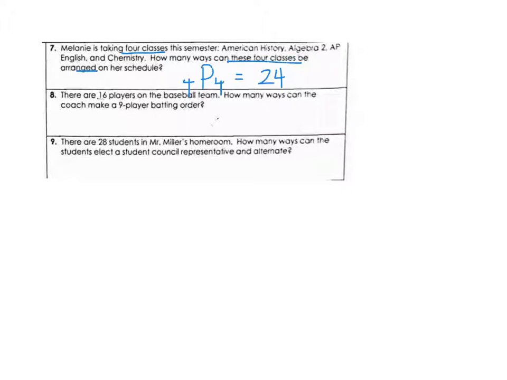Okay. There are 16 players on a baseball team. How many ways can the coach make the 9-player batting order? So total players, 16. We're putting them in order, lining them up, so definitely permutation. And there's 9 of them.